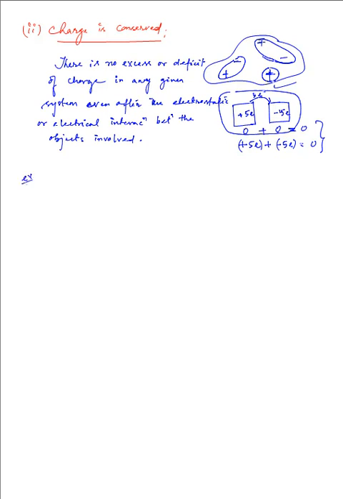In the first case, we consider two objects, just like we did in the previous demonstration. So we have an object over here and another object over here, and they interacted with one another electrically, and there was some transfer of charge.